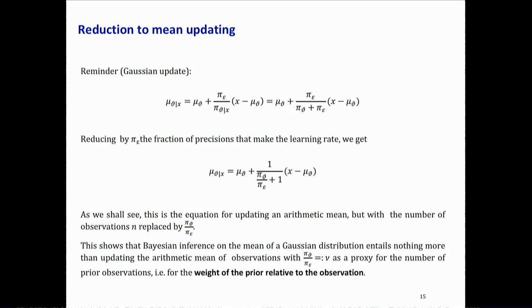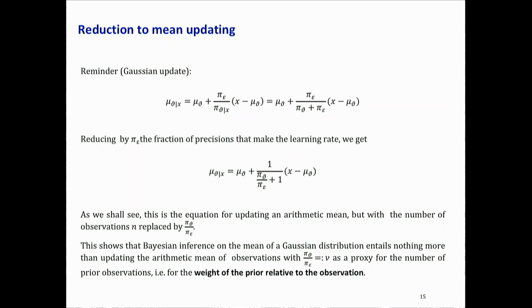For example, let's say nu is 1. Now that means 1 over 2 gives you 1/2. So the posterior mean will be exactly halfway between the prior mean and the observation.